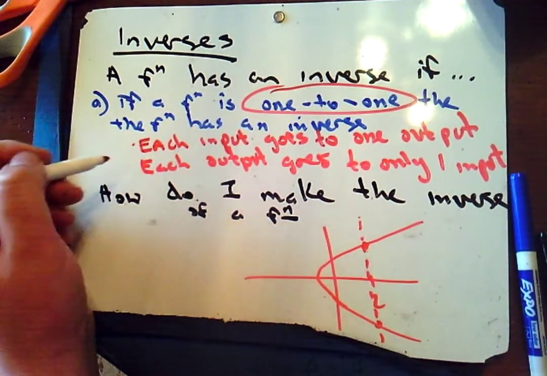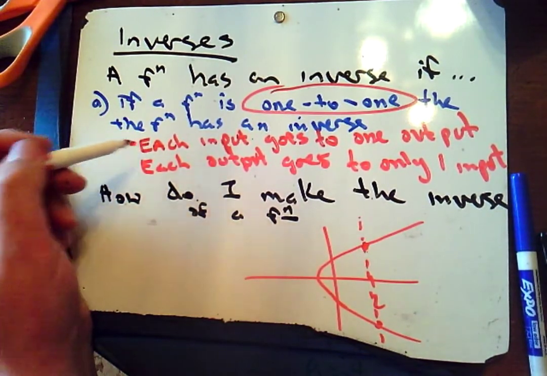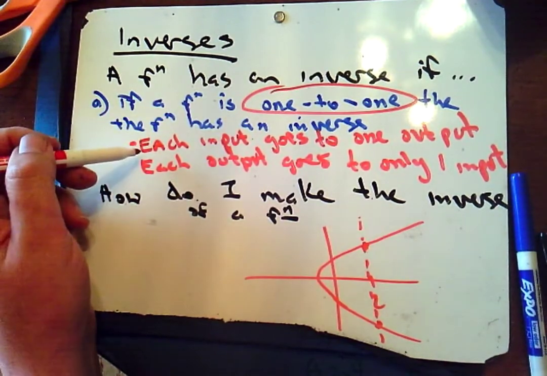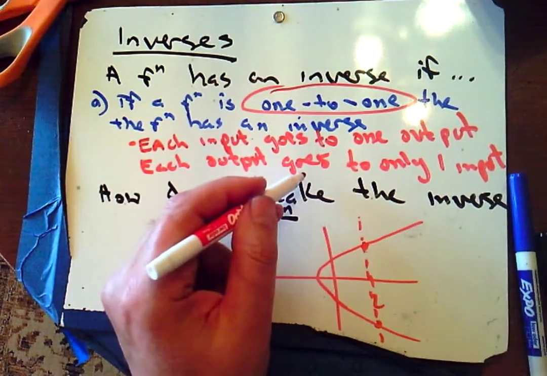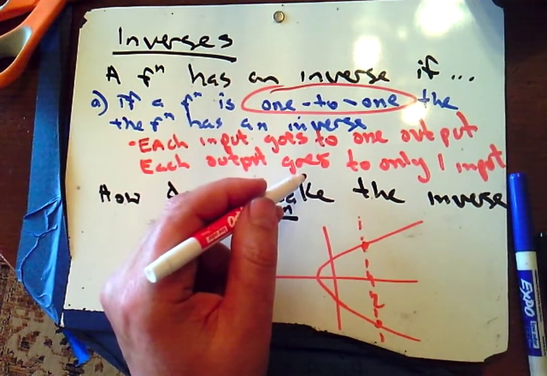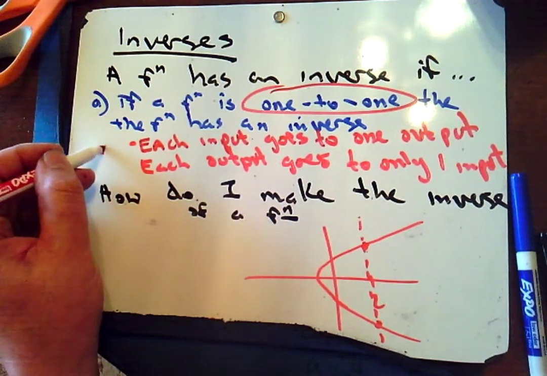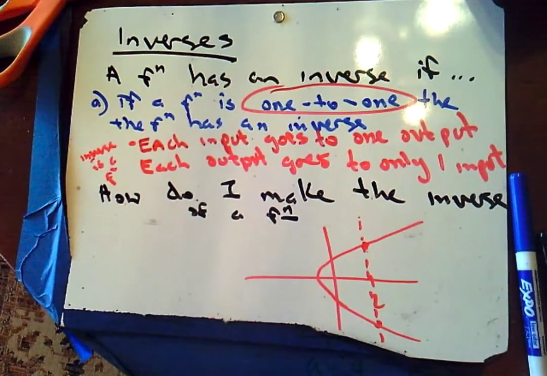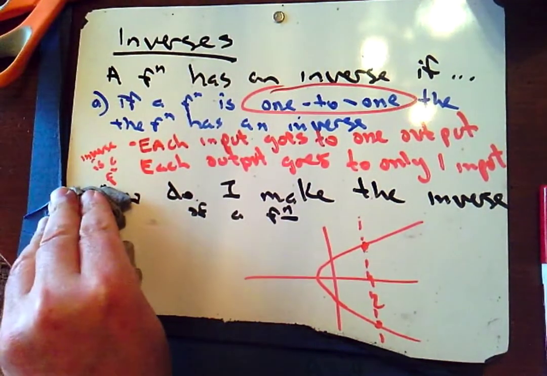So this one guarantees that my original relation is a function. And then here where we talk about each output only going to one input, that's what claims that the inverse is a function too. We're only going to care if our inverse is also a function.